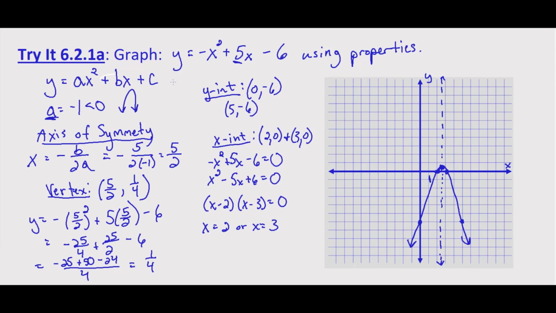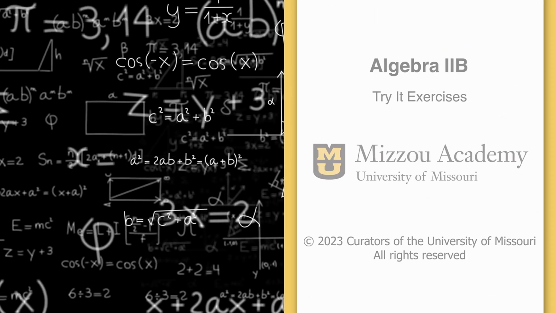That's also the x coordinate of the vertex, so we substituted that for x, solved for y to get the y coordinate of the vertex, and then we substituted x equals 0 to find the y-intercept, and y equals 0 and simplified and solved to get the x-intercepts, and then we put it all together to graph our parabola that represents the quadratic equation that we were given.